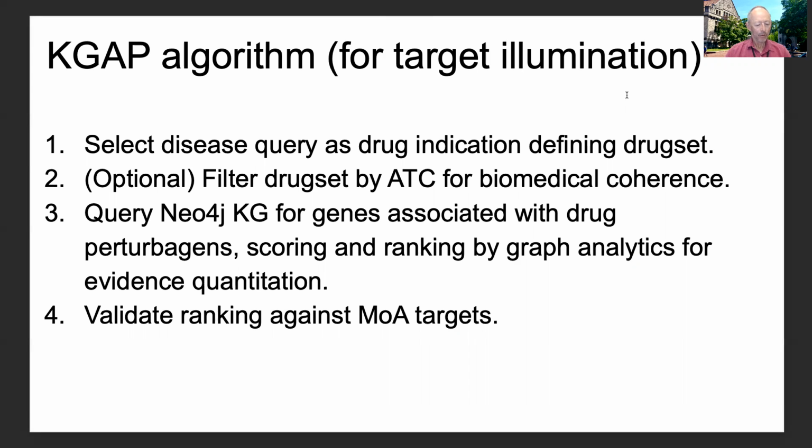From the drug set, a query on the knowledge graph generates scores and ranks for associated genes by aggregating paths of gene expression evidence. Finally, we compare the results against the gold standard mechanism of action targets for the same disease via ROC curve, the receiver operator characteristic. Our graph analytics algorithms lead was Chris Gessner.